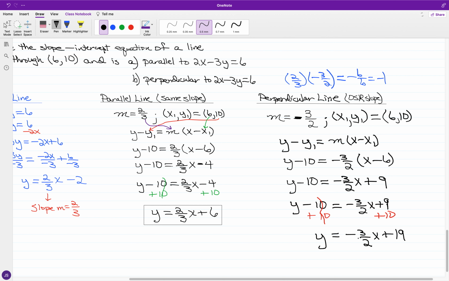So we had the slope at negative 3 halves, and again just checking for consistency. y is going to be 10, and we want the right-hand side to also be 10 for this equation. With x at 6, we get negative 3 halves times 6, or negative 18 halves, which is negative 9, and in turn negative 9 plus 19 is 10, which is our y value on the left-hand side.